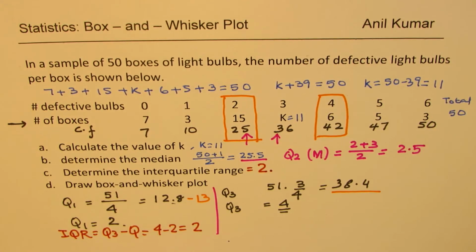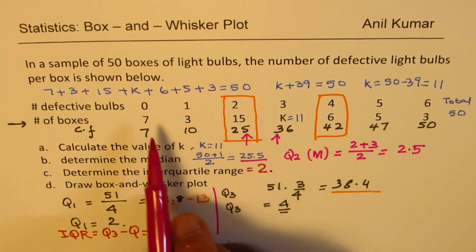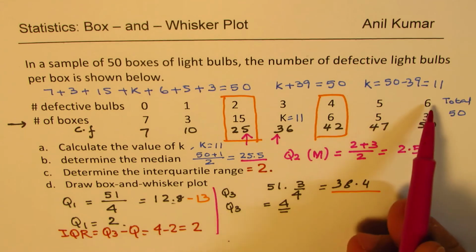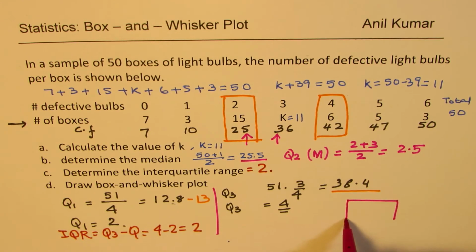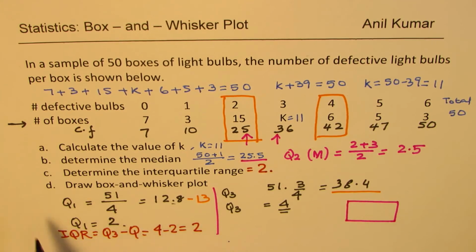Now let us sketch the box and whisker plot. Okay, so we have this data which goes from 0 to 6. So we have this box here. So in this box we figured that the value of the interquartile range is 2, Q1 is 2.